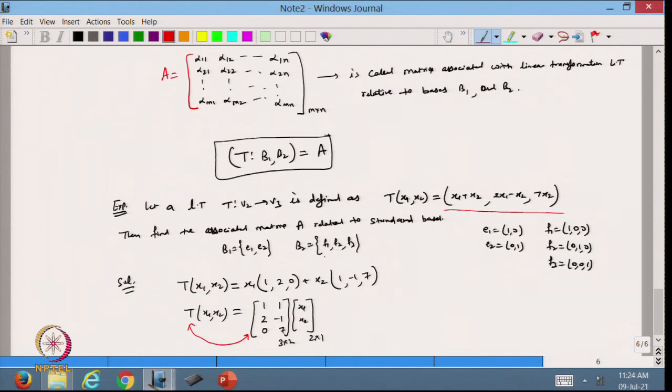Standard basis means no change will be there in the coordinates, because I can write my element 1 2 0 as 1 F1 plus 2 F2 plus 0 F3. So, there is no change in the coordinates, and that is why I am able to write the matrix directly from here.